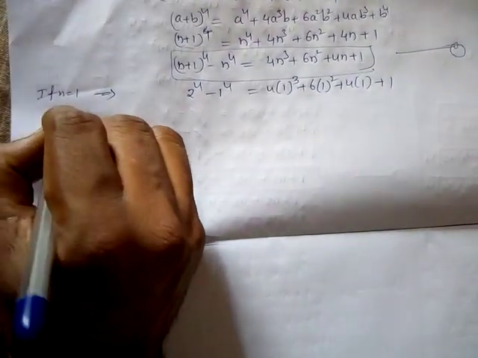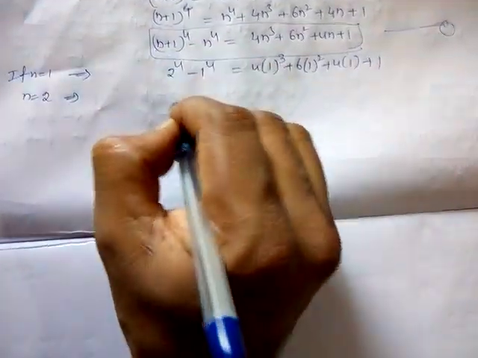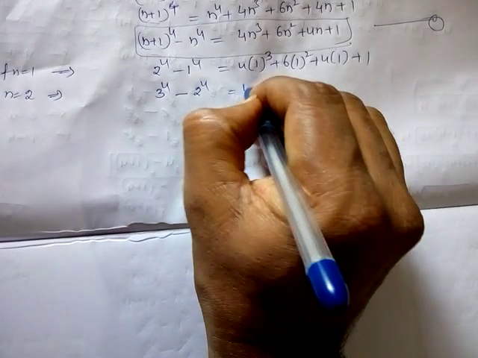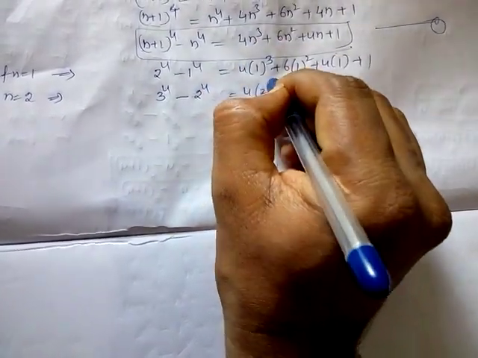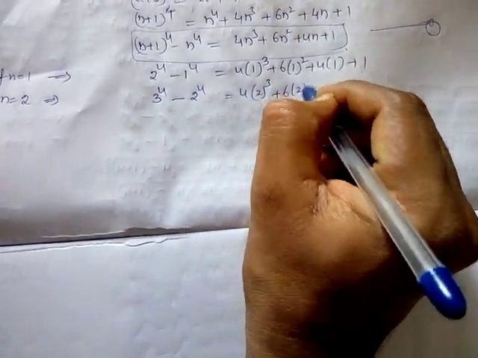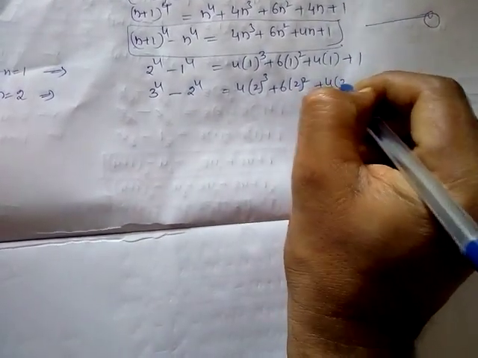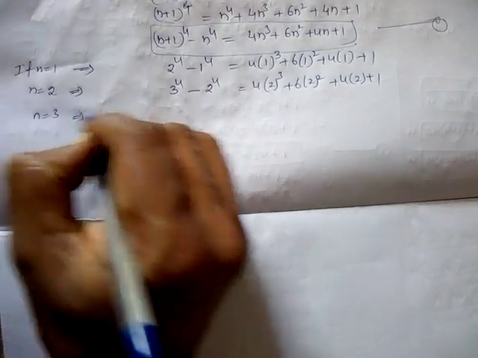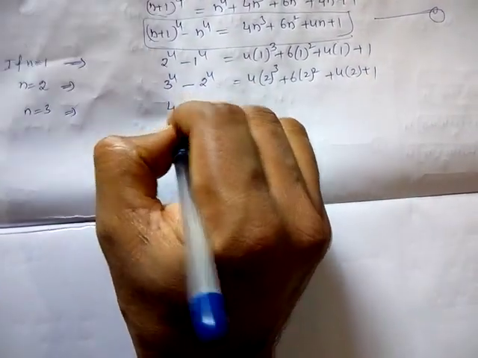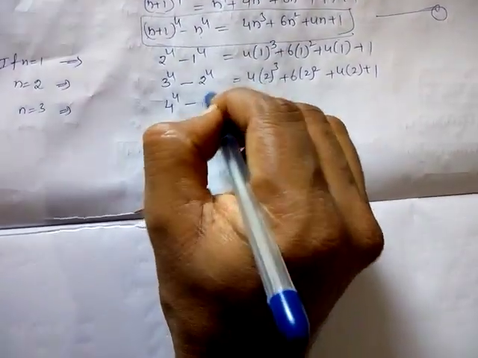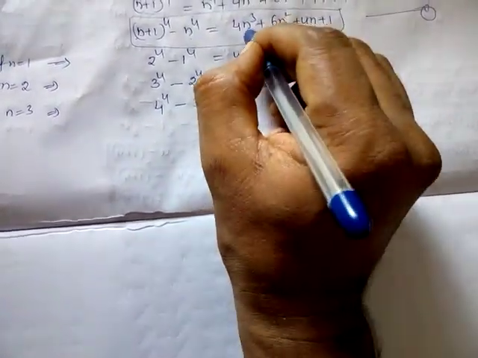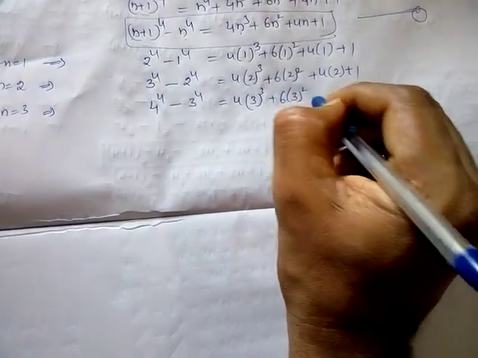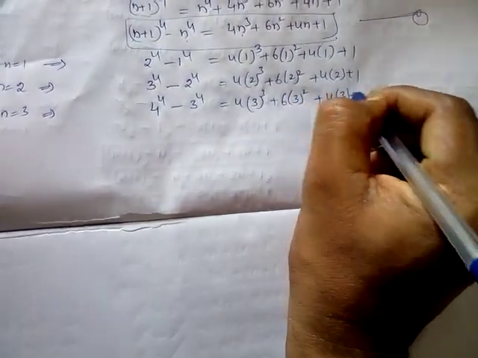If you take n is equal to 2, 2 plus 1, 3 power 4 minus 2 power 4, that is equal to 4 into 2 cube plus 6 into 2 square plus 4 into 2 plus 1. Again, if you take n is equal to 3, 3 plus 1, 4 to the power of 4 minus 3 power 4, that is equal to 4 into 3 cube plus 6 into 3 square plus 4 into 3 plus 1.